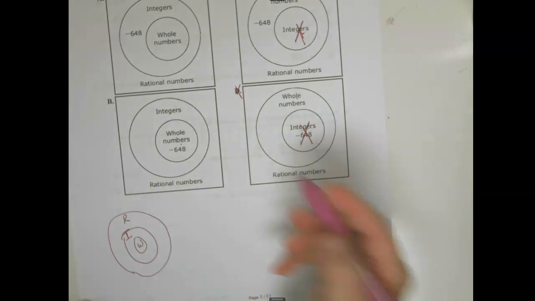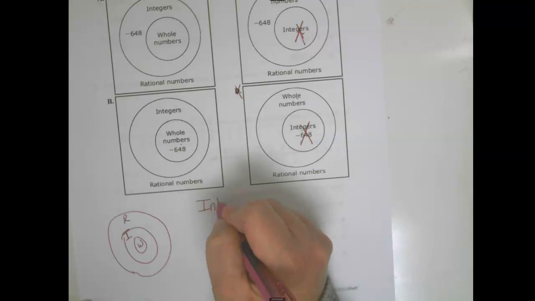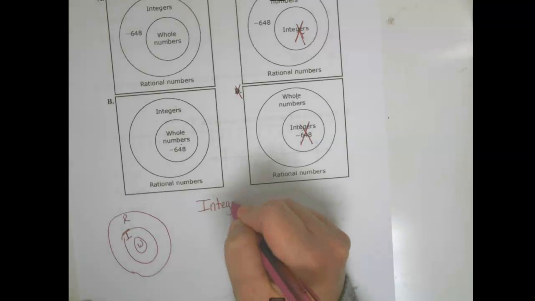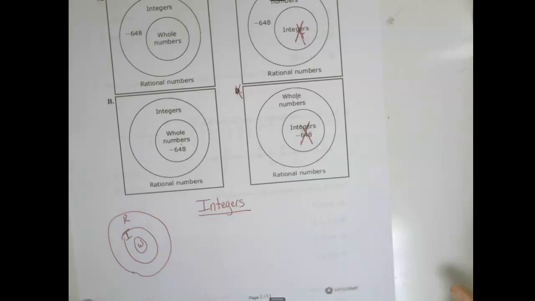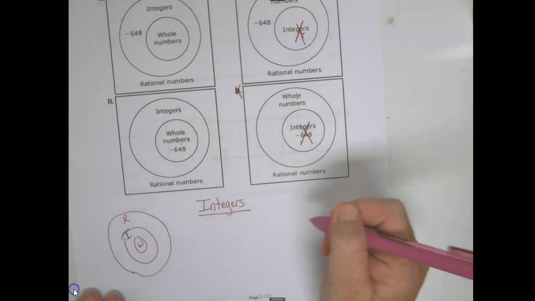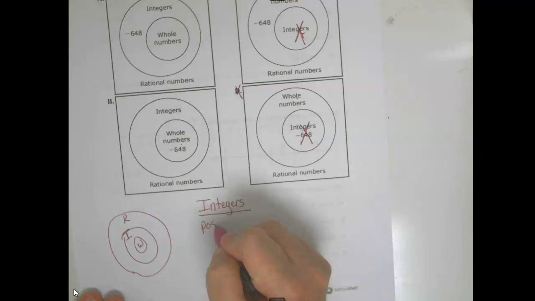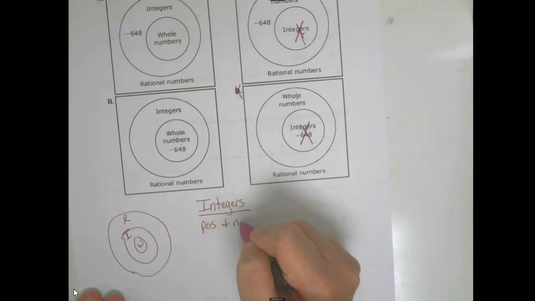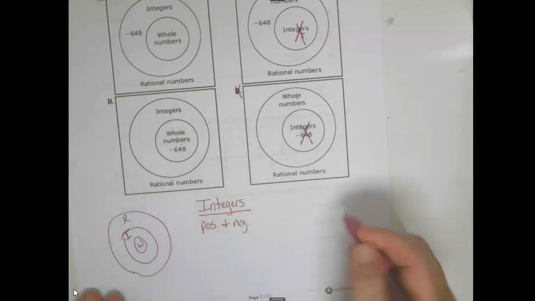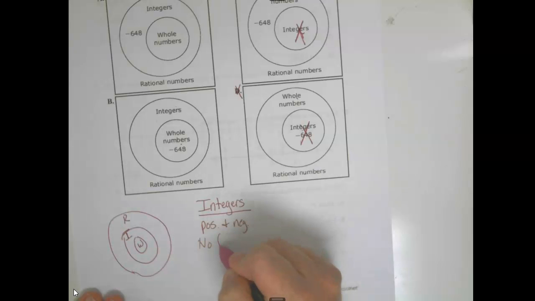So now let's talk about some things that we know about integers. They can be positive and negative. Remember, no fractions, no decimals.